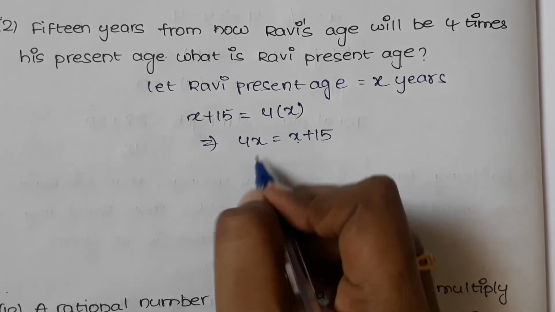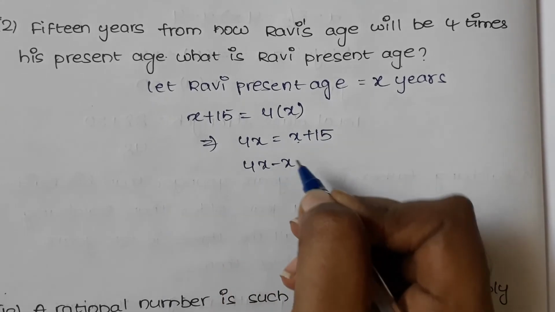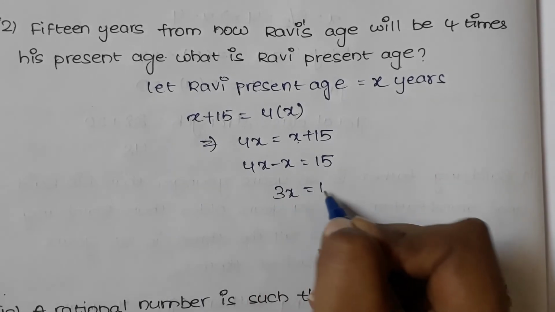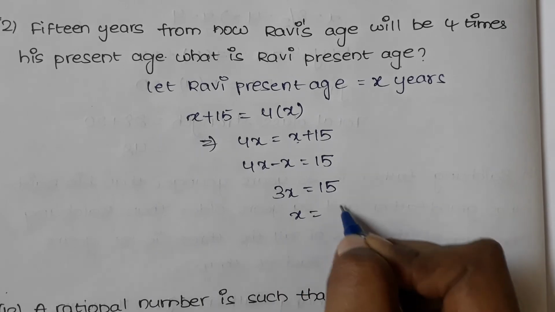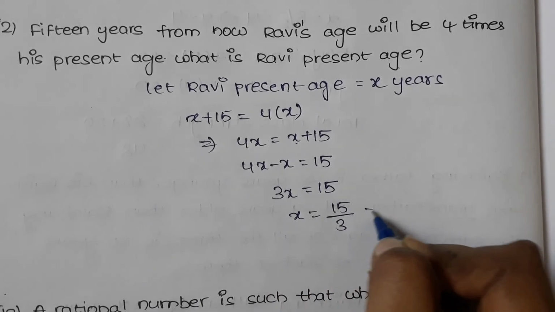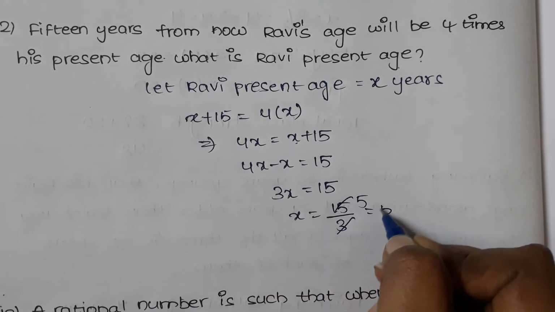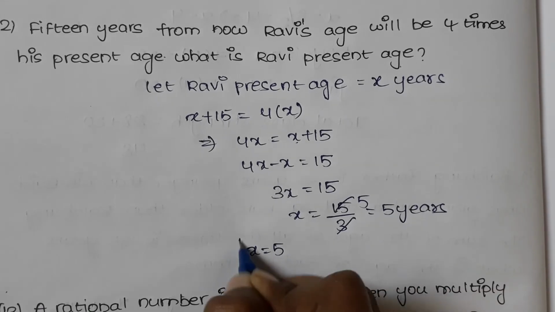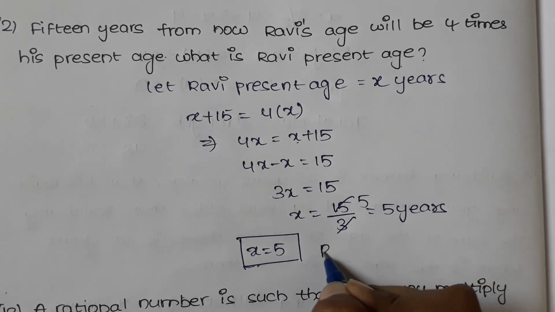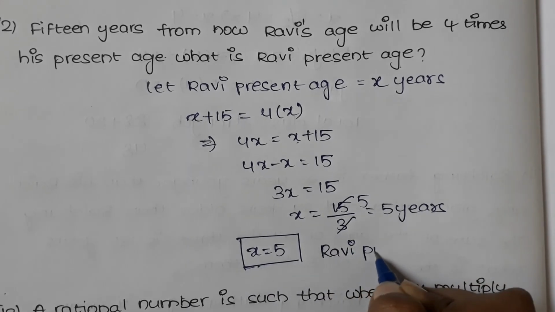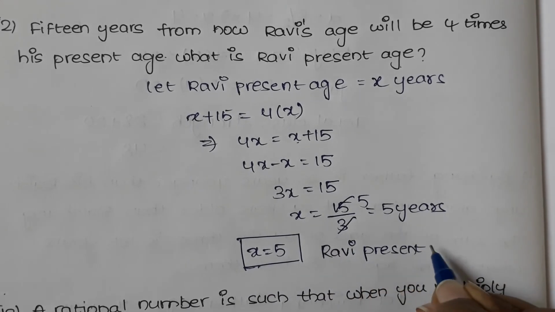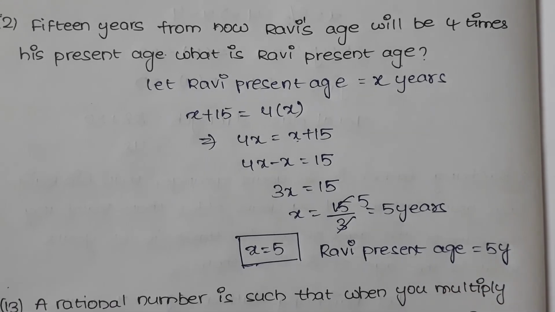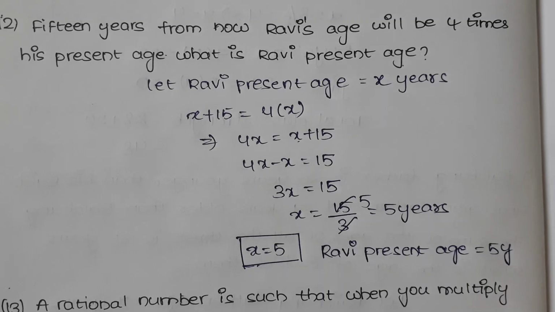This x is to be transposed to the other side, that is 4x minus x equals 15, that is 3x equals 15, x equals 15 by 3, x equals 5 years. And now Ravi's present age is 5 years. And this is about the 12th question.